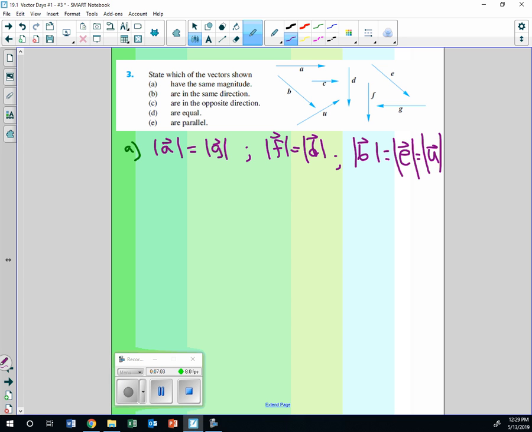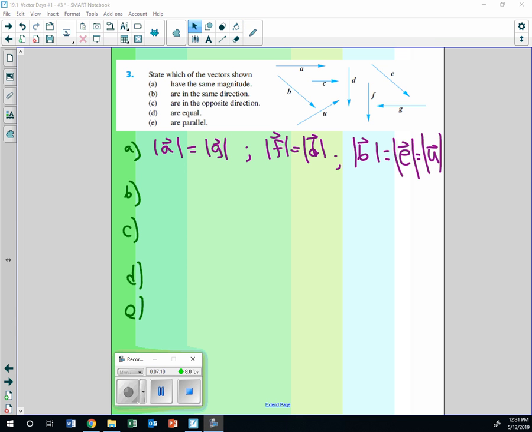Here you go. So you do the same for questions B, C, D, and E. Same direction, are there any in the same direction as A? C is, yep. And by the way, you wouldn't put magnitudes on there.